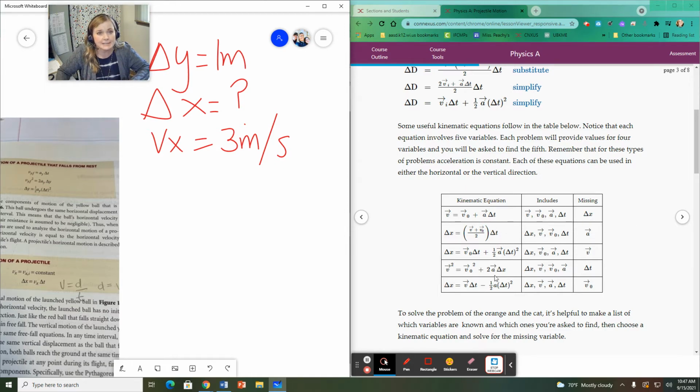So this is a nice table to have handy, and you might want to make a copy or a screenshot of this to always have as a reference. One of the things that the lesson does that I'm not particularly fond of is using these little arrows here to indicate that they're vectors. I just don't like them because personally I think it's a little bit messy, and makes things harder to write.